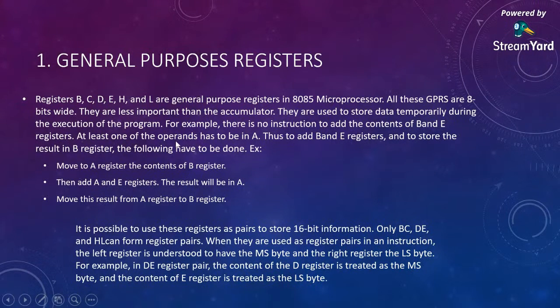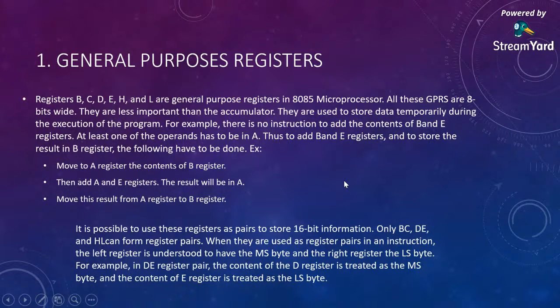At least one of the operands has to be in the accumulator. So first, move the A register content to B, then add A and E registers, and the result will be in A. After that, move the result from A to B. This is how the add function works in assembly.